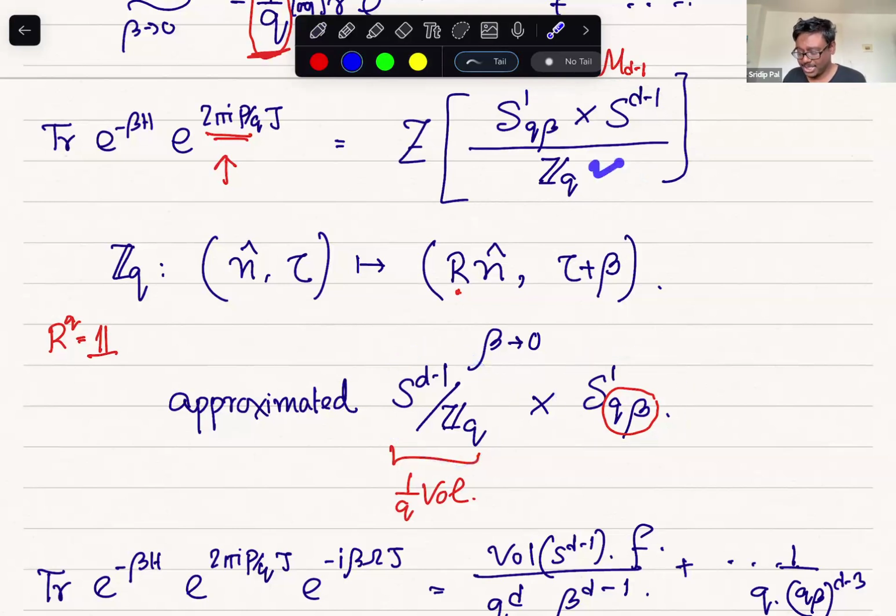But of course, this is a non-trivial bundle over S^{D-1}, because there is a simultaneous action of this Z_q: when you act with Z_q on n̂ and τ, τ advances by β and n̂ advances by this rotation. On the other hand, on the product manifold there is no such identification. So these two manifolds are globally different.